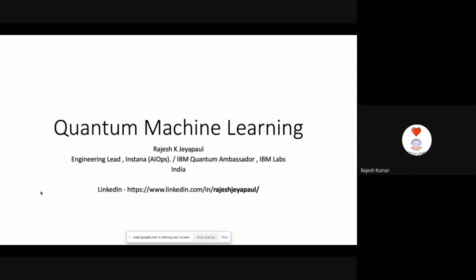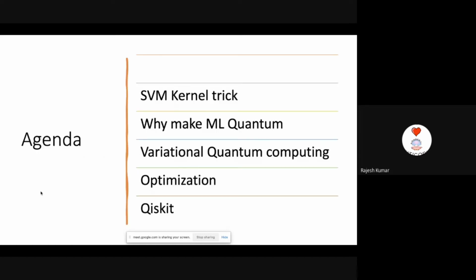So today, I think this is a series of discussions you are having around quantum. Let's try to understand a little more about quantum machine learning. A few things we need to touch upon, and some of the basics we need to be very clear.